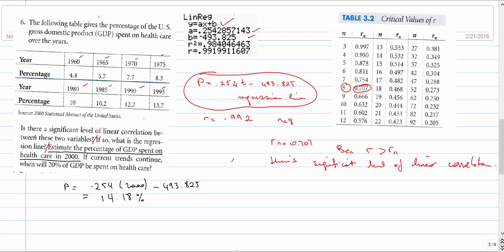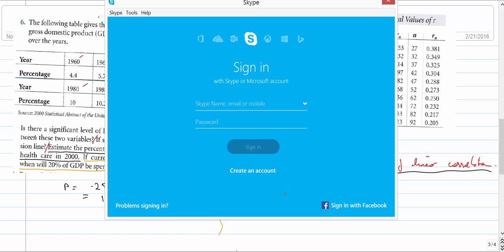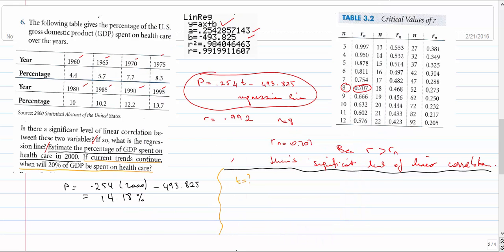And the rest of the question is, if current trends continue, when will 20% of GDP be spent on healthcare? That is, what is T? So 20% is, in my model, 0.254t plus 4.575.